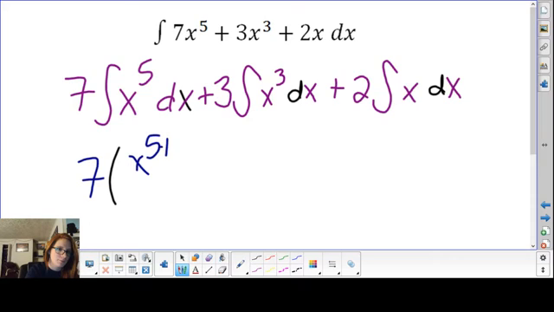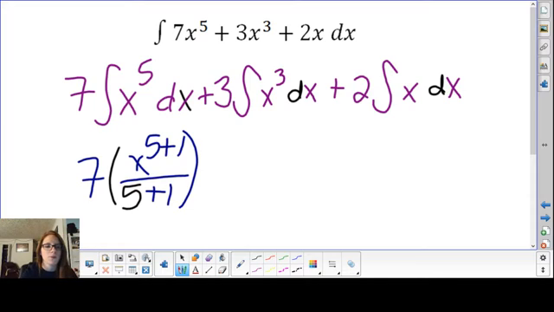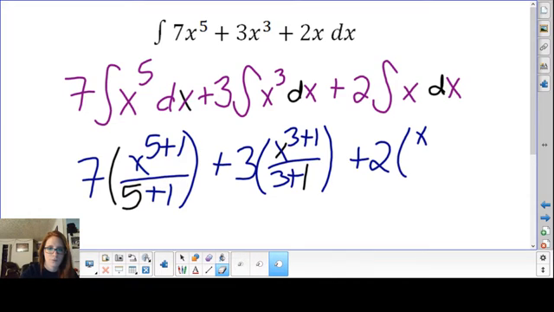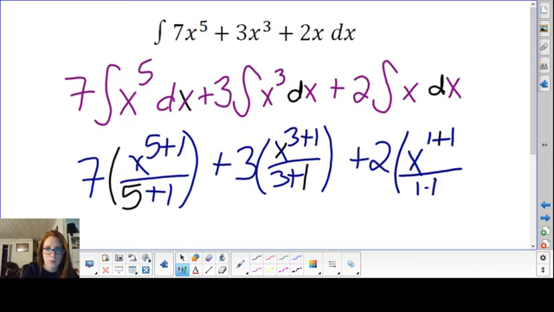Good, 5 plus 1, over 5 plus 1, plus 3 times x to the 3 plus 1 over 3 plus 1, plus 2 times x to the 1 plus 1 divided by 1 plus 1, plus c.